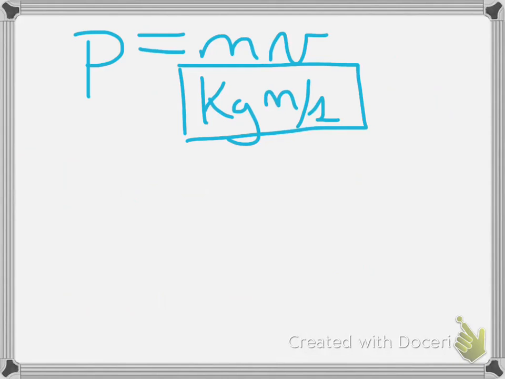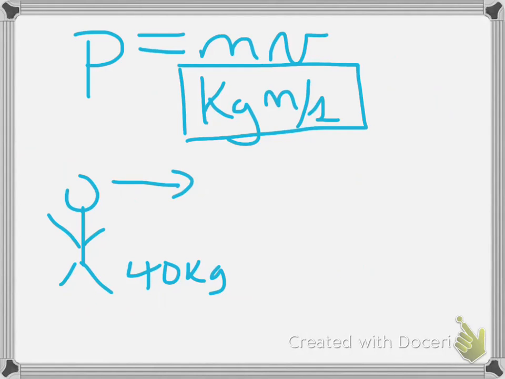Now, this can be something as simple as a person with a mass of 40 kilograms running at a velocity of 10 meters per second. What's the momentum of that person? Well, you would do the mass times velocity.